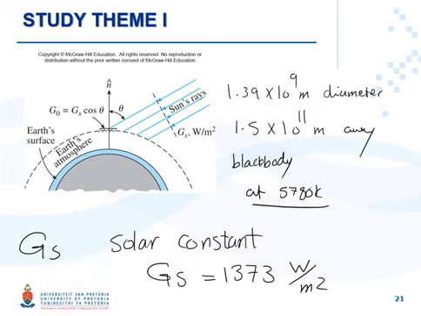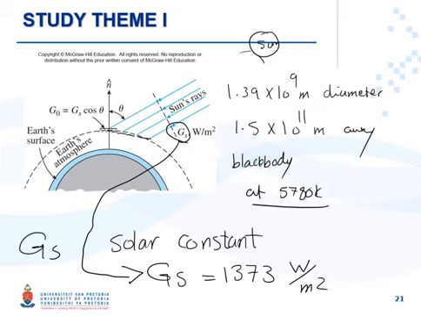What is happening between the Sun and the outer surface of the atmosphere is not our interest. The only thing that we know is that GS, the solar constant, is a constant number, and the number is 1,373 watt per square meter.